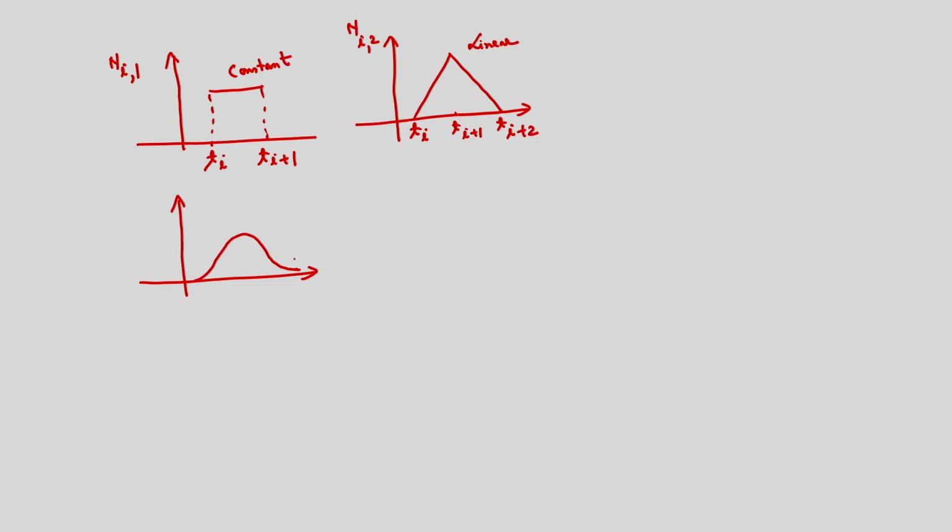This is quadratic. So Ti, Ti plus 1, Ti plus 2 and Ti plus 3. So this is the B-spline of order 3. So this value is 1 by 2. So this is quadratic.